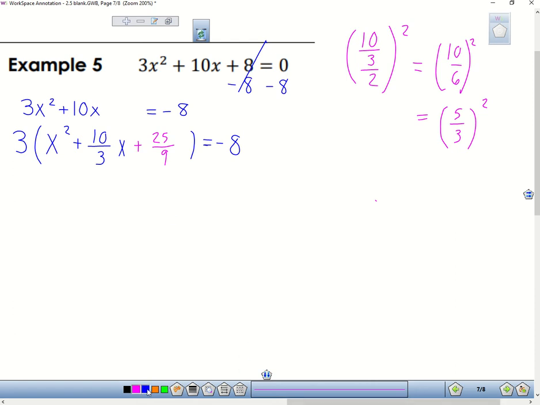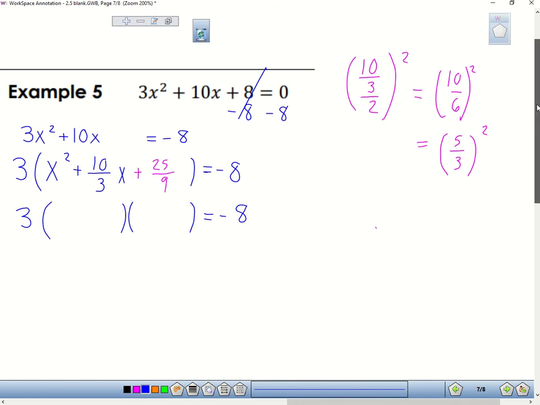Now from here, you're going to factor whatever's in the parentheses into 2. Wait, hold on, I have a question real quick. Sure. So for the 10 thirds divided by 2, how would you get 10 sixths? So there's a trick. If you divide a fraction by a number, you basically multiply the denominator by whatever you're dividing by, which is just a variation of keep, change, flip.